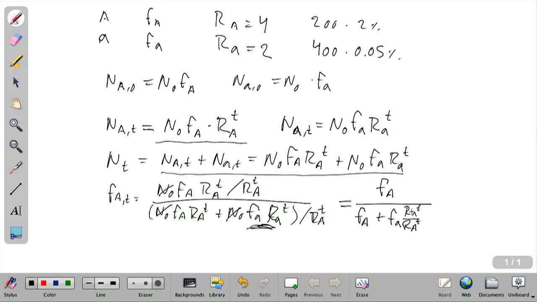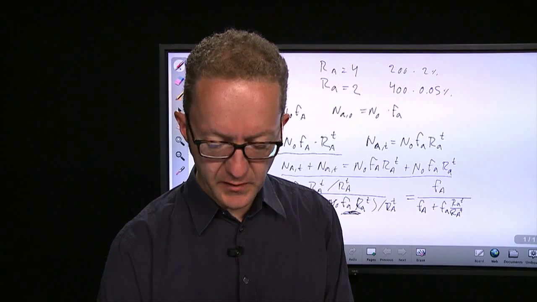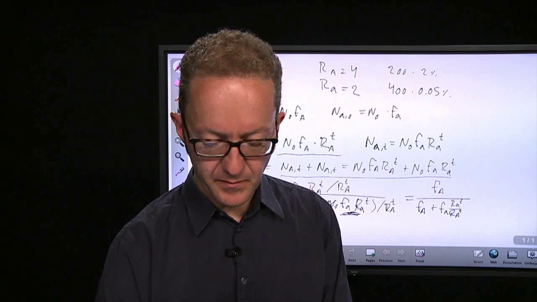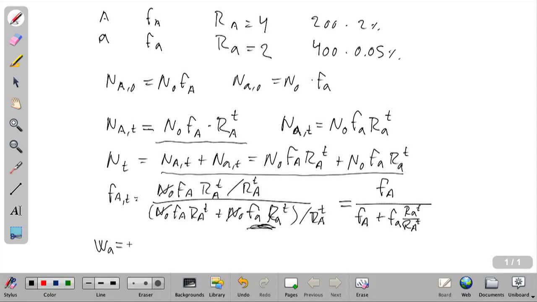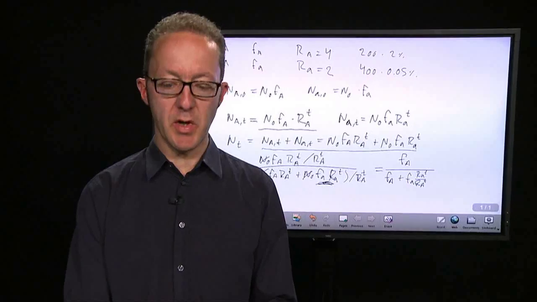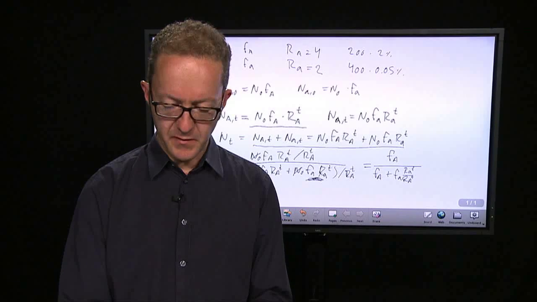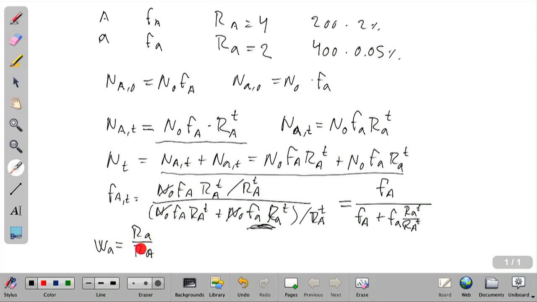Now, r lowercase a divided by r uppercase A is referred to as the relative fitness. We usually refer to that by a W. So the relative fitness of an allele is the absolute fitness of that allele divided by the absolute fitness of some reference genotype. Typically, the reference genotype is the one with the highest fitness. So we take lowercase a divided by uppercase A in this case.